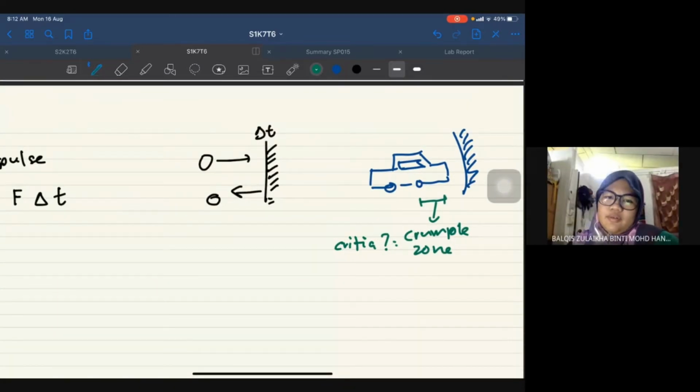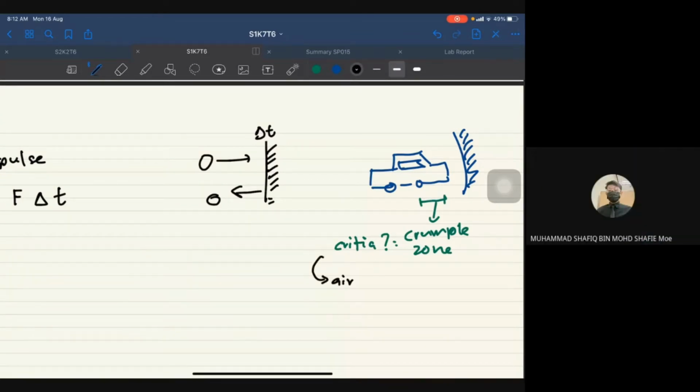There is an airbag, okay. What is the purpose of the airbag? So your friend says the airbag lengthens the impulse. Okay, increase the time, right? The time of the accident or the time of interaction.